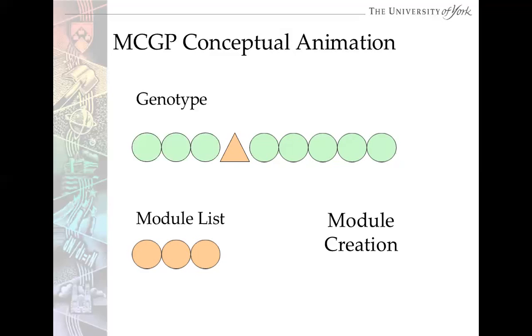How do we reuse a module? Well, this happens by mutation. Mutations might occur and change primitive function nodes into modules. I've indicated that here, where I've made the nodes diamond shapes.